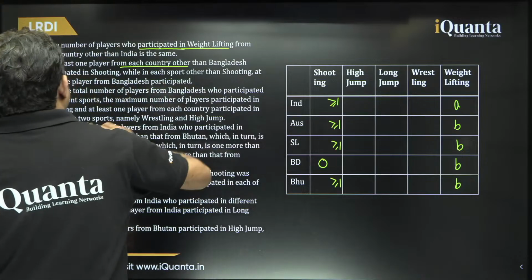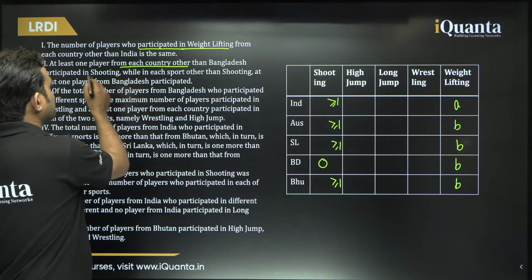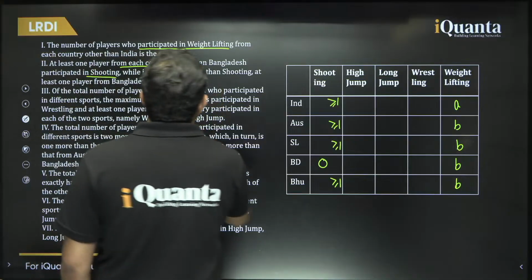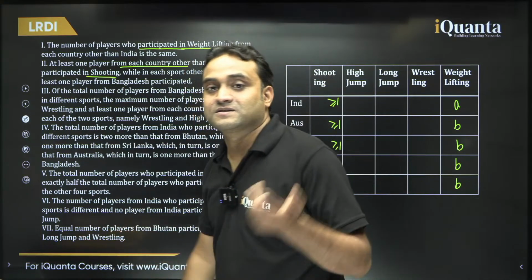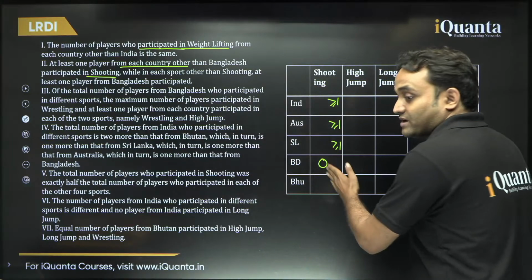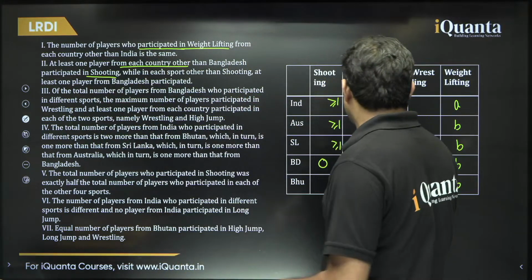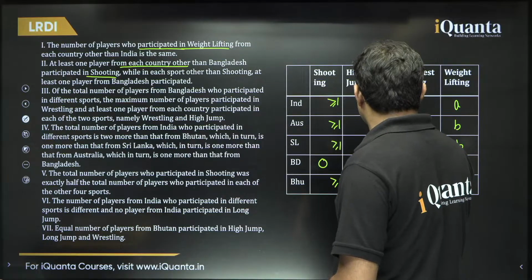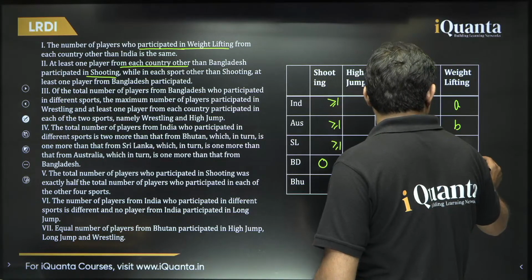At least one player from each country other than Bangladesh participated in shooting, while in each sport other than shooting, at least one player from Bangladesh participated. So, except shooting, where the number of players from Bangladesh was 0, in each of the sports there will be at least one player from Bangladesh.